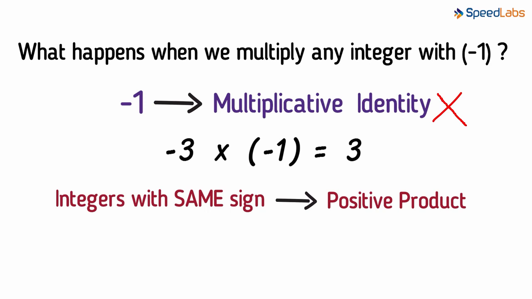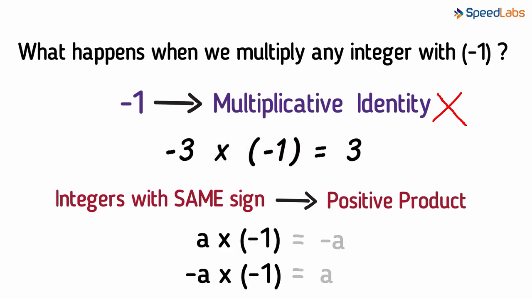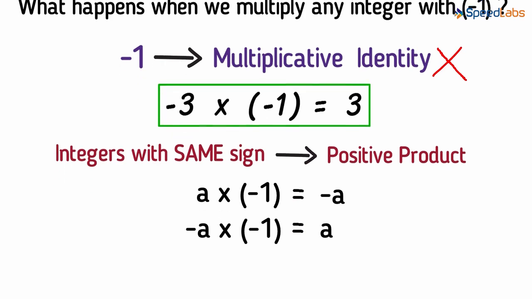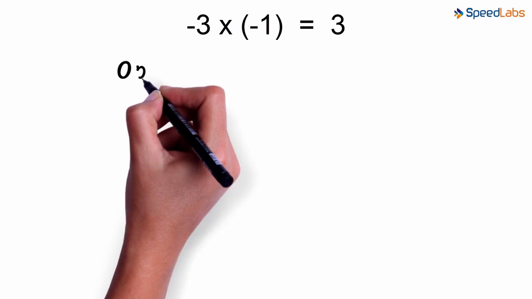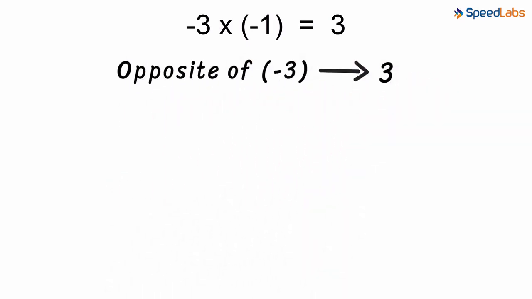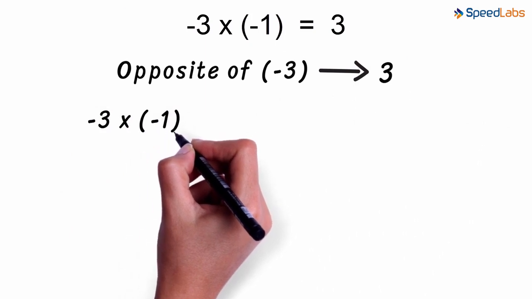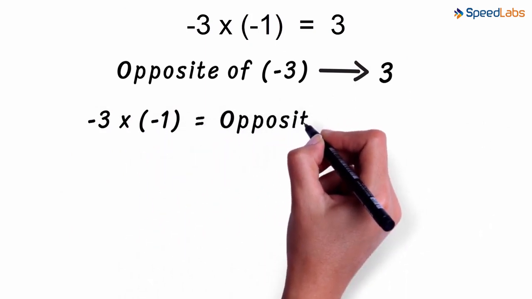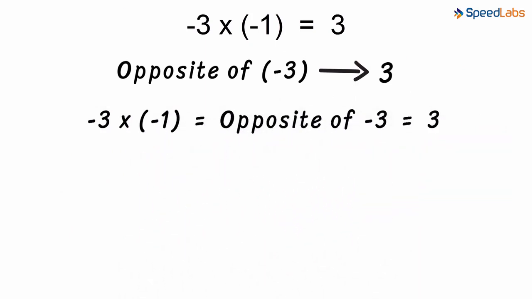However, you will observe an interesting fact about multiplication with -1. The product of any integer and -1 is the opposite of that integer. Let us understand this with the help of the above example. We know that the opposite of -3 is 3. When we multiplied -3 with -1, we got the answer as the opposite of -3, that's 3.